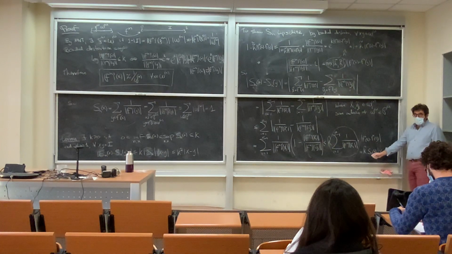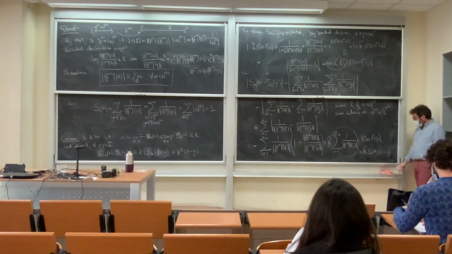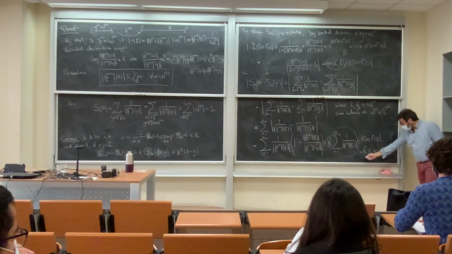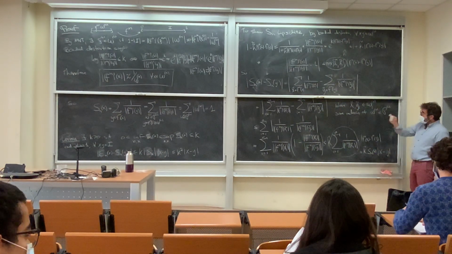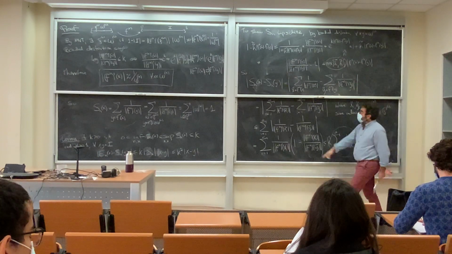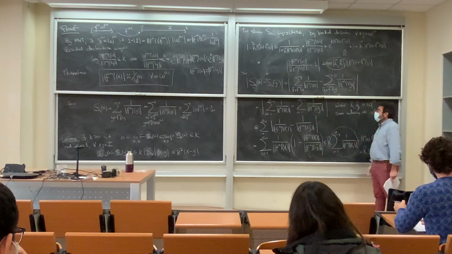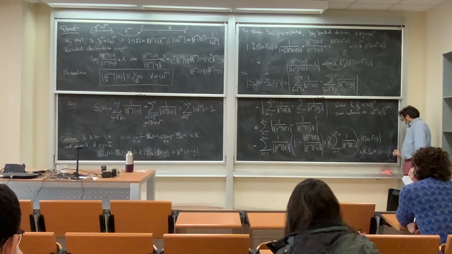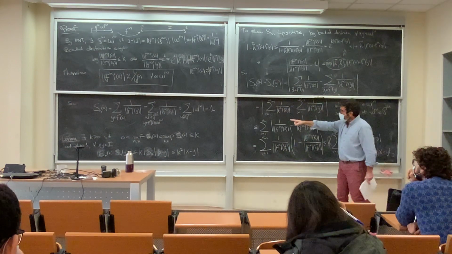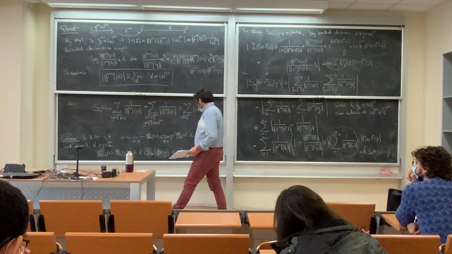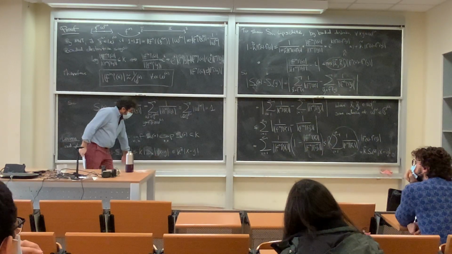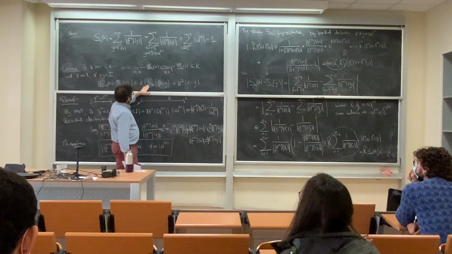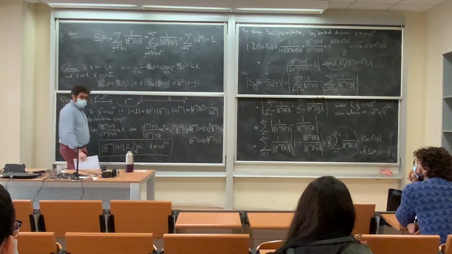And because we know that Sn is uniformly bounded, then we have that this is less than or equal to some uniform constant times x minus y, which is the Lipschitz property of Sn x minus Sn y. Because we just showed that Sn is uniformly bounded here. Right? So we get exactly this.